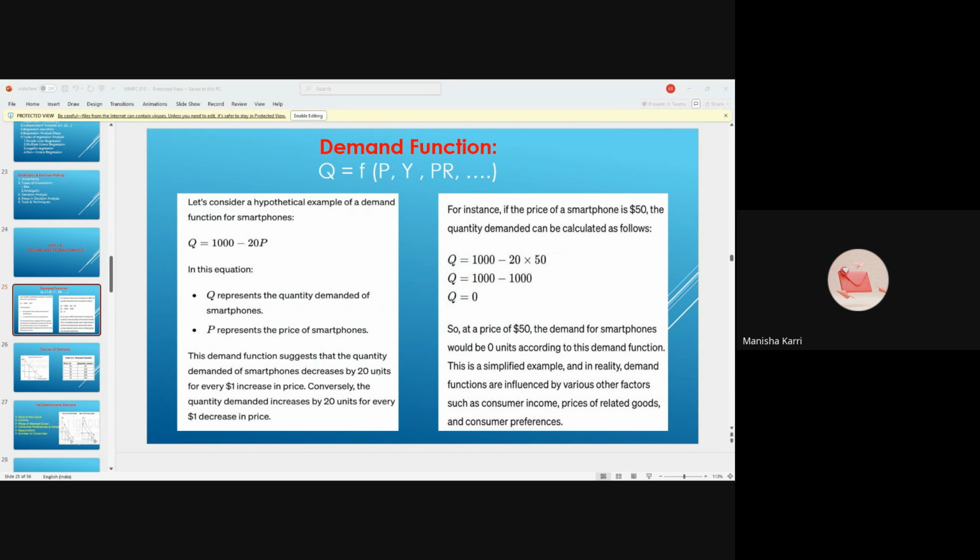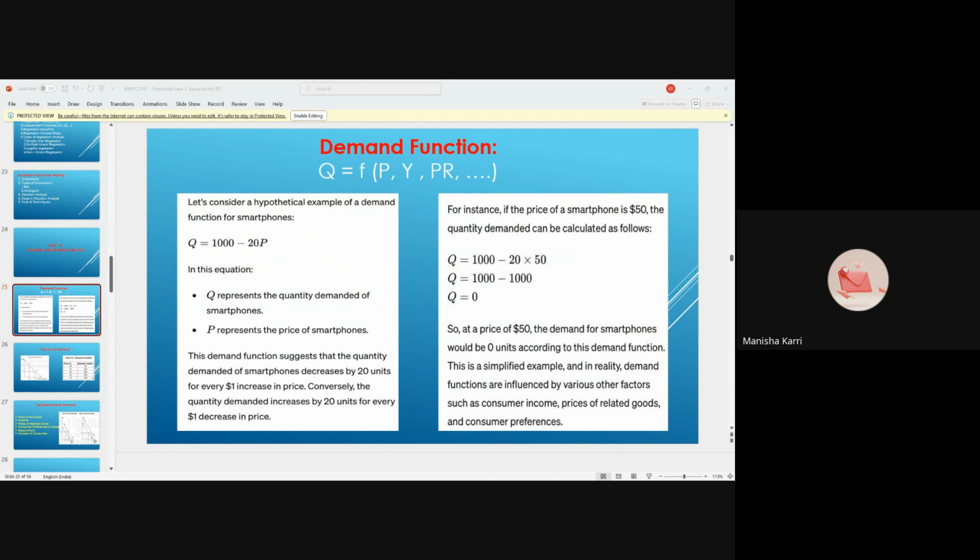Generally, the demand function can be expressed in various functional forms such as linear, logarithmic, or exponential, depending on the nature of the relationship between quantity demanded and its determinants. It is a fundamental concept in economics used to analyze consumer behavior, predict market outcomes, and inform pricing and production decisions.